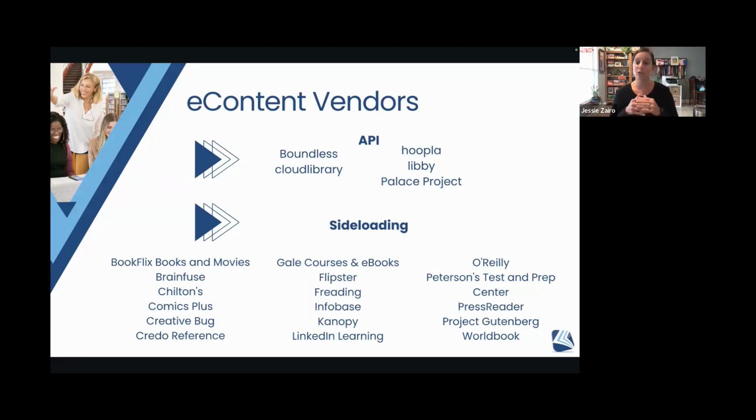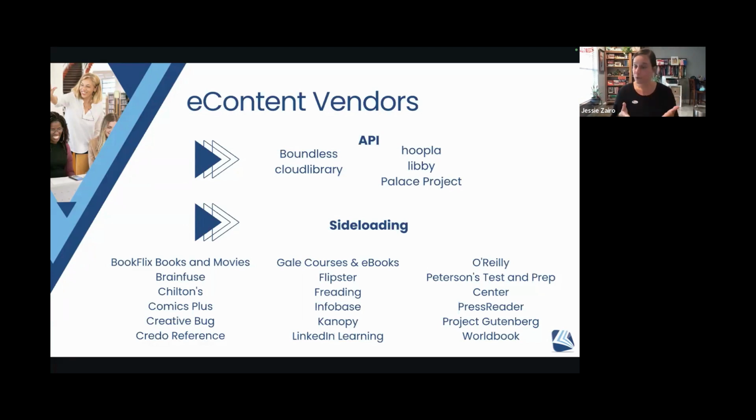Now, for vendors where we don't have an API connection, that means you can sideload that material into Aspen Discovery. When we say sideload, that means you can take those MARC files and upload them directly into Aspen Discovery. They will then be indexed and searchable within Aspen, so your users can click and either view that streaming resource in Canopy or view a comic from Comics Plus.